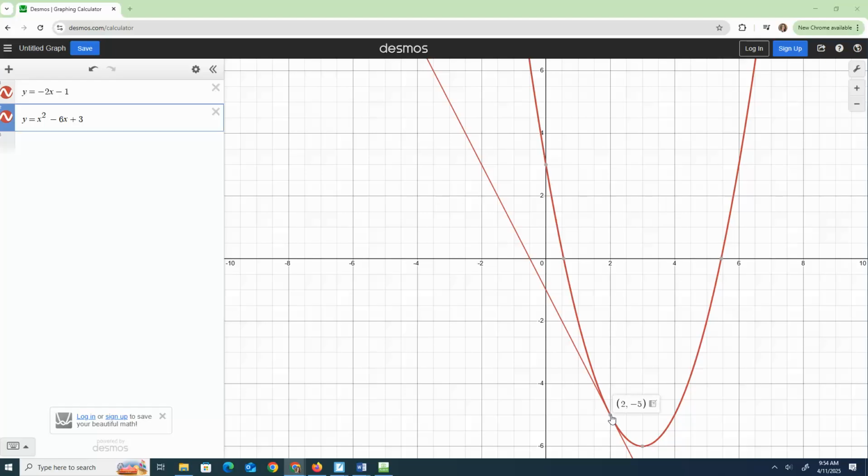I am monitoring your screen, so do make sure that you are on Desmos and nothing else as we're going through this. So your solution is an ordered pair. I can see it's (2, -5).